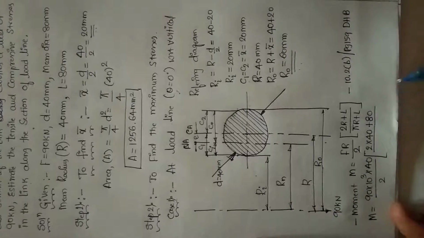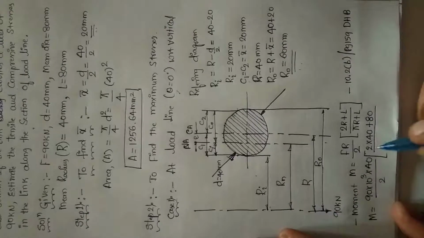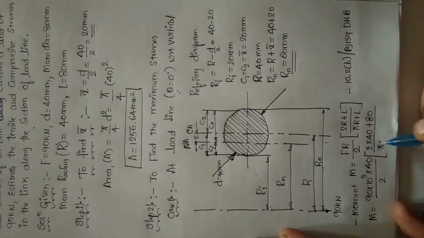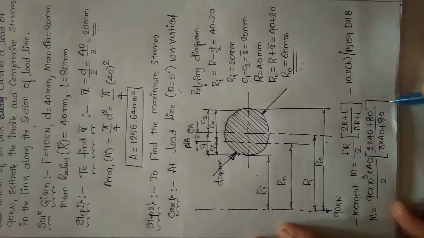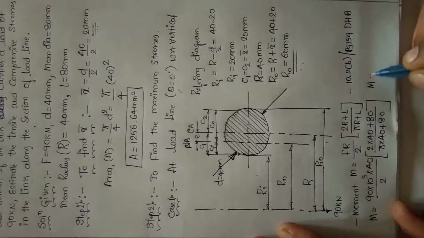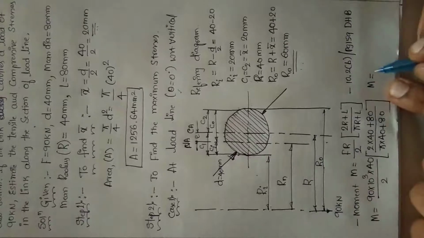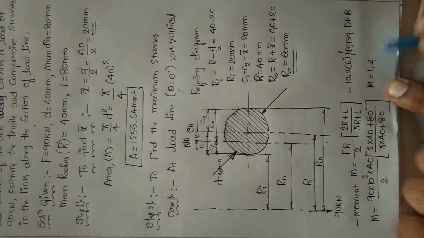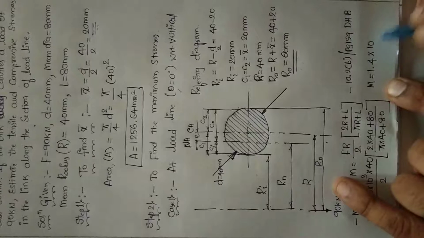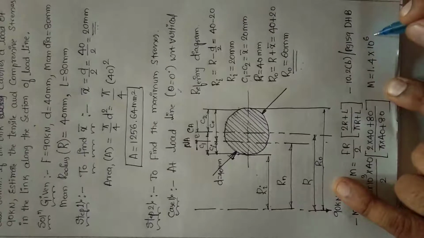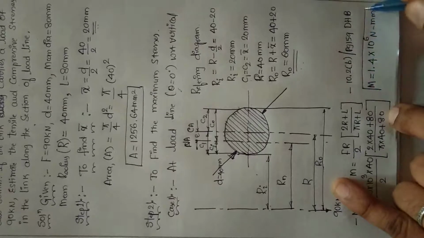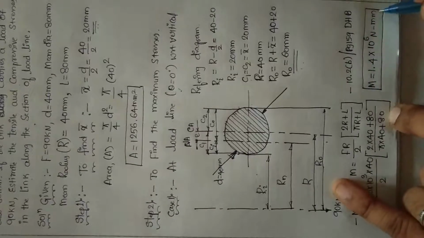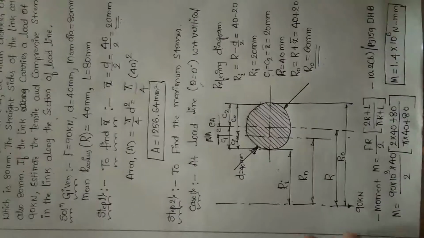Whole divided by pi into 40 plus 80. So I will get moment M is equal to 1.4 into 10 raised to 6 Newton mm. So here we got the moment.